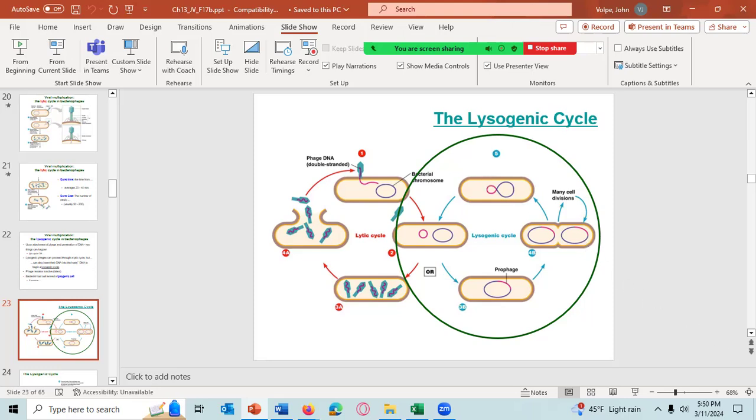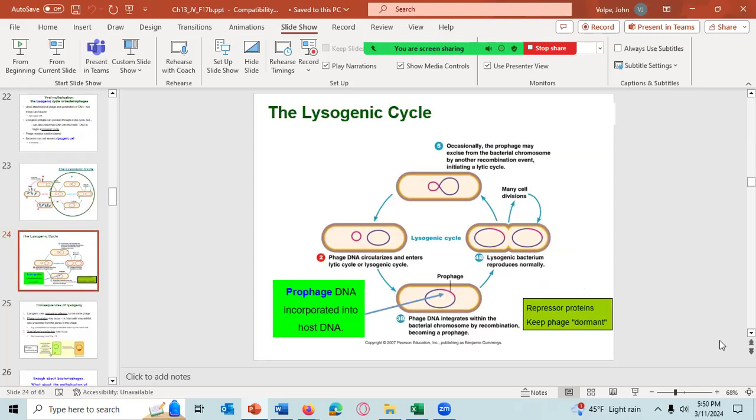All right. Let me see if there's anything I need to talk about. I've already talked about prophage, the term used when the viral genome is a part of the host cell's chromosome, and that there's a repressor protein that is active in the lysogenic life cycle.